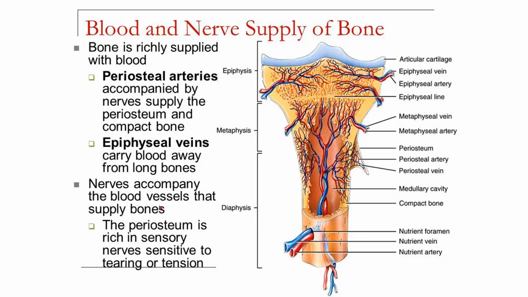And the nerves which are there, now it's interesting, if you read this last bit here, it's rich in sensory nerves, sensitive to tearing or tension. So the bone itself measures how much stress the bone is under and sends signals to the brain.